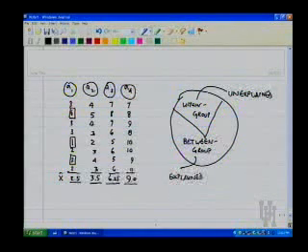Are there any other questions? At this point, what we could do is use these scores, and there are examples of this in the text.